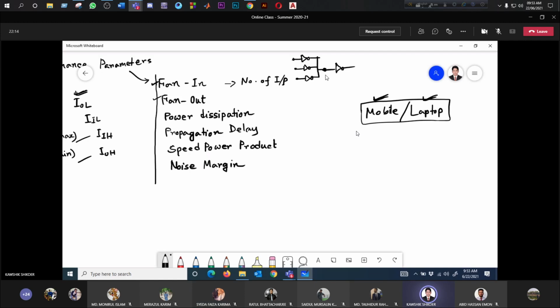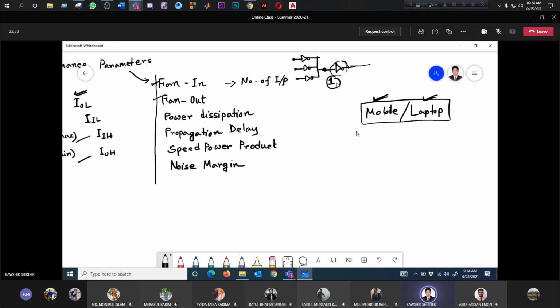Then what will happen? It will take longer processing time to process all the inputs, right? Because its normal capability is to take only one input, but three inputs are connected there. Here the fan in is 1.